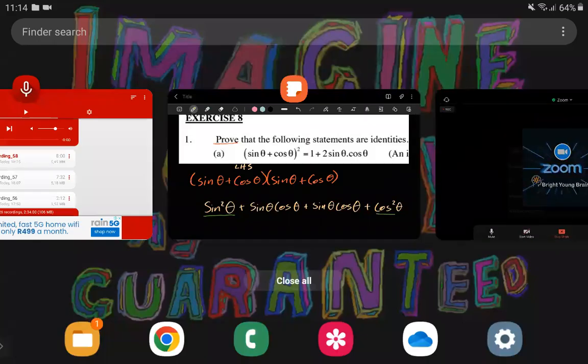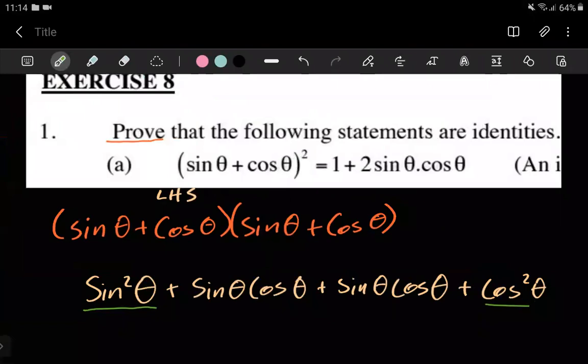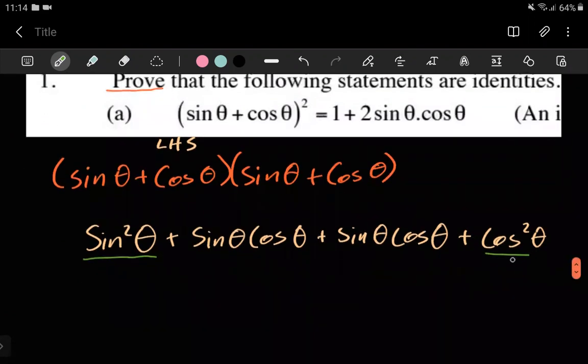I was asking about the sine squared theta and the cos squared theta. Can you see something there? Isn't there an identity for that? Yes, there definitely is. Look, this plus this gives you a 1.